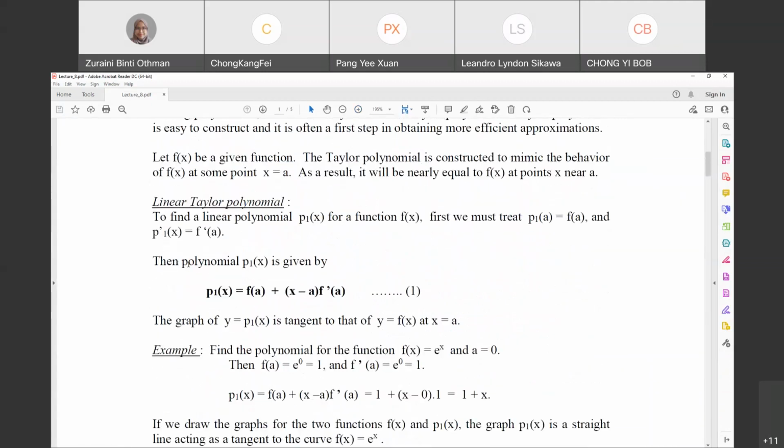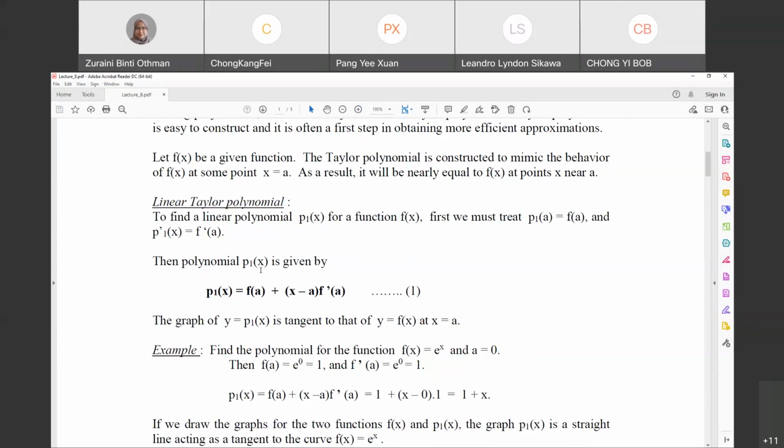Okay, for linear Taylor polynomial, to find a linear polynomial P1(x), okay, we want to find P1(x). This is the linear Taylor polynomial. Okay, we use function f(x), then we must have P1(a) equal to f(a) and P1 prime(a) equal to f prime(a).